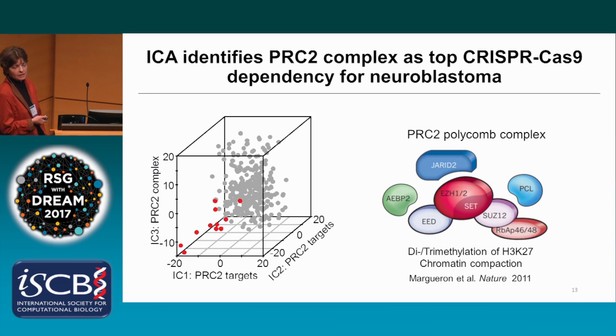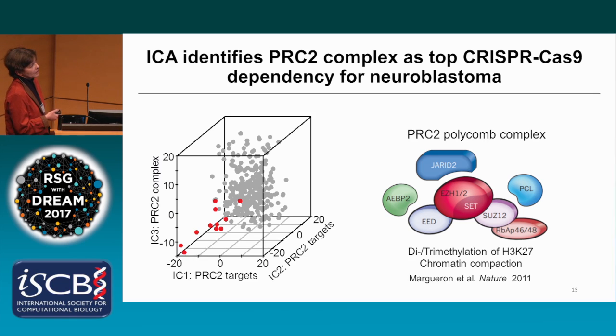So here we show the results of applying this method to our CRISPR Cas9 screening. We identified 3 top independent components which are able to better discriminate between neuroblastoma cell lines, highlighted in red, and all other cell lines.